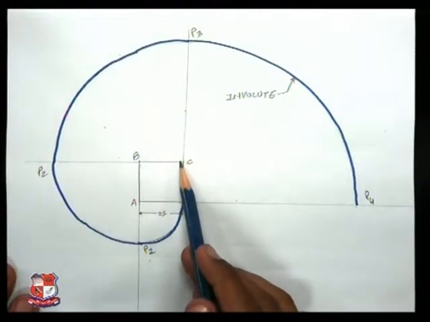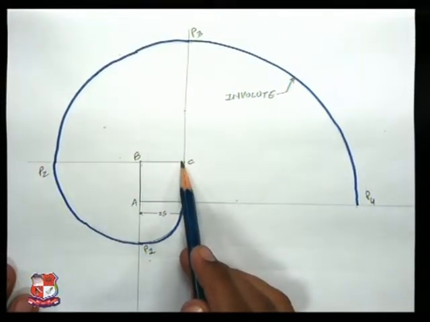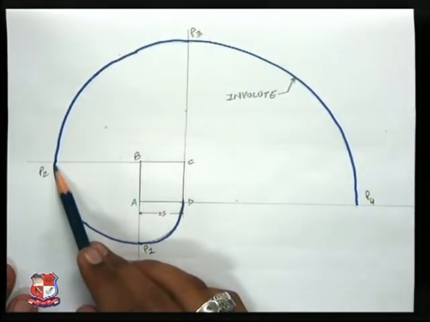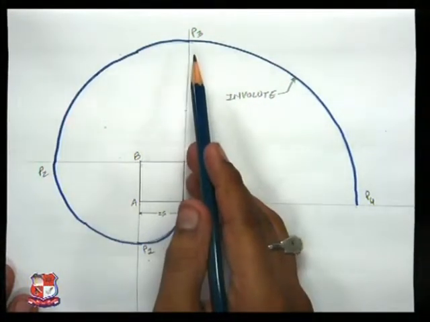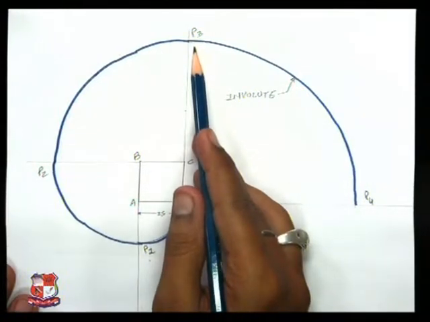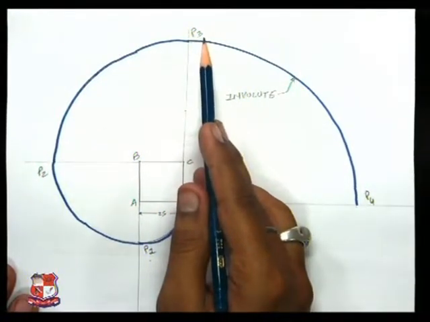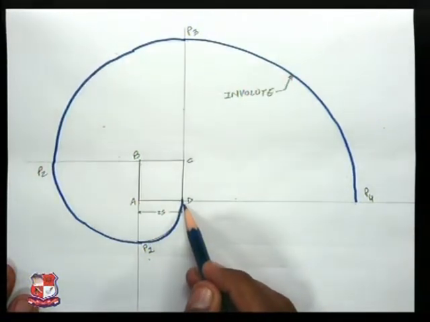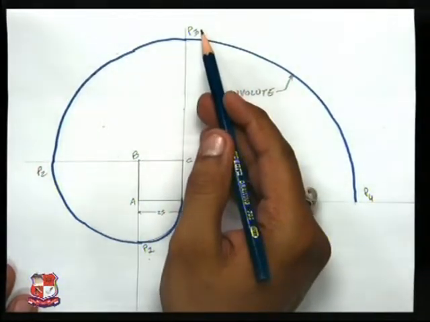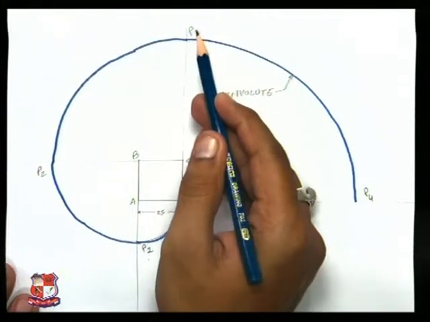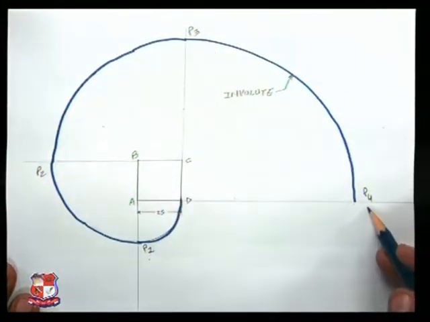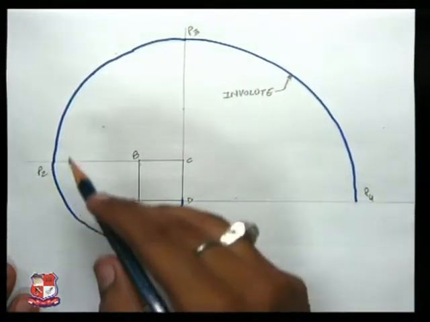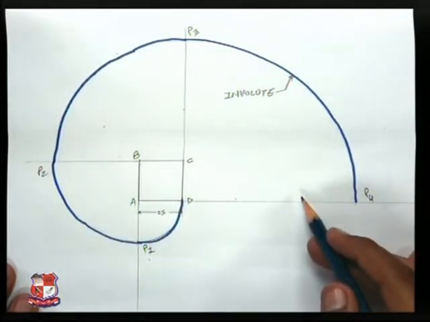Now take C as center, CP2 as radius, and mark an arc named P3. Take D as center, DP3 as radius, mark an arc named P4. So this is how you can get an involute.